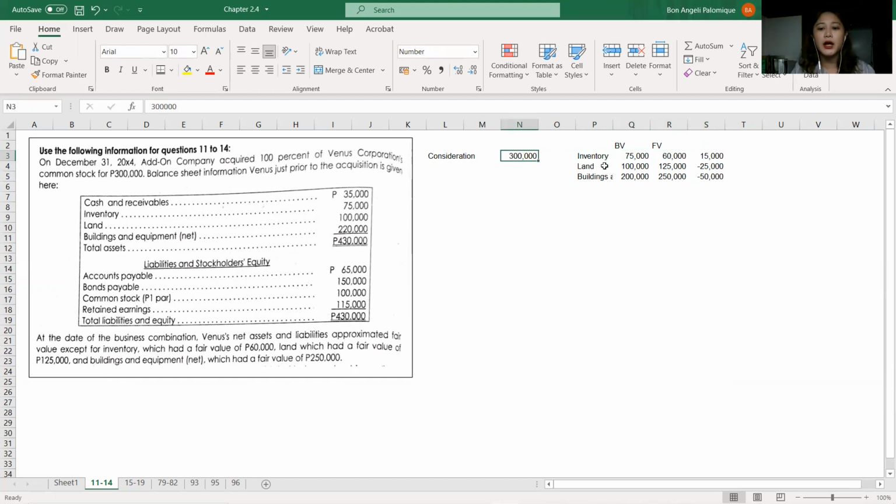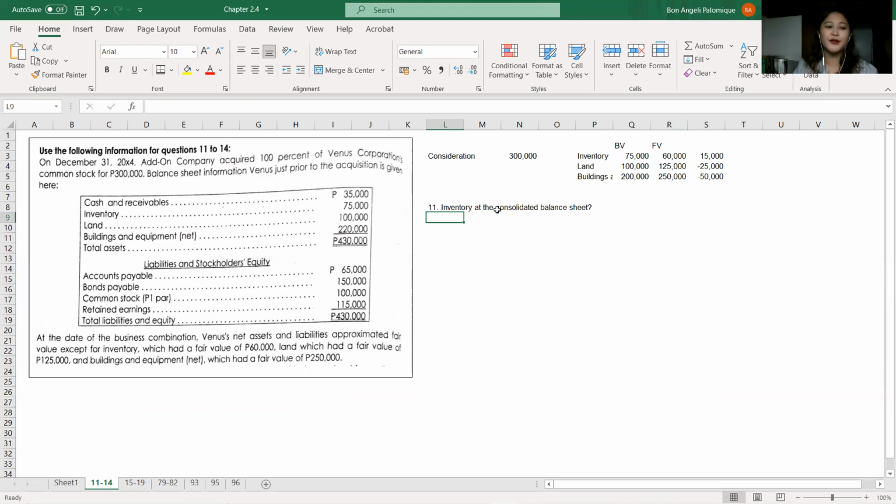So, first question. For number 11, ang tanong is, magkano yung inventory at the consolidated balance sheet? So, kung nakikinig ka ngayon, i-post mo muna and tignan mo, magkano yung i-reflect mong inventory?